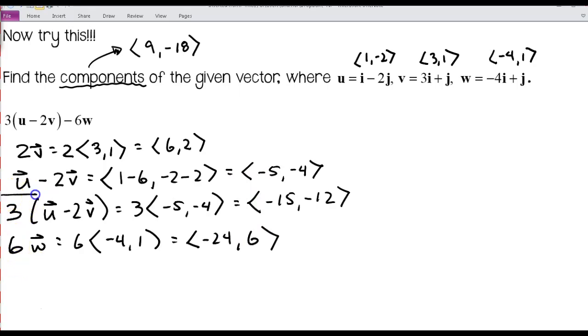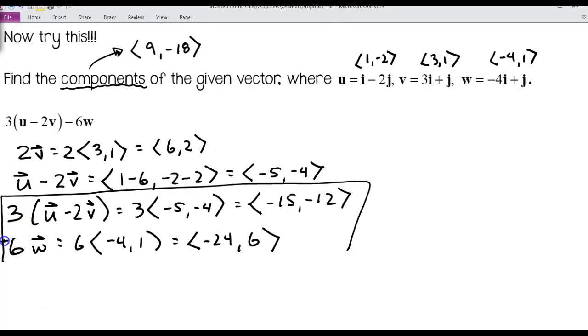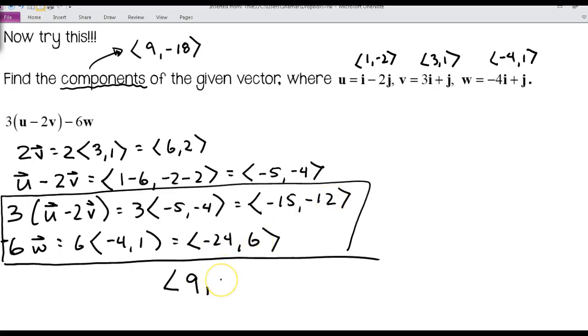So I'm looking at these two here, and I just subtract. I've got negative 15 minus negative 24, so that's where I get my 9. And negative 12 minus 6 is negative 18. And again, we wanted it in component form, and there we have our answer.